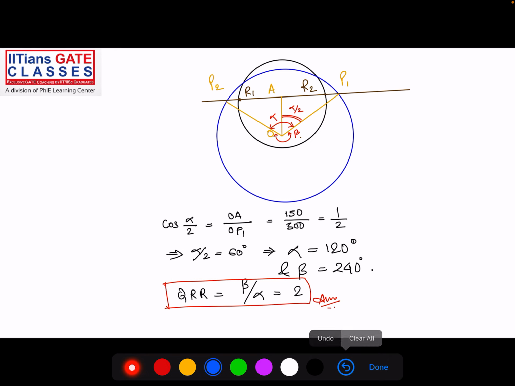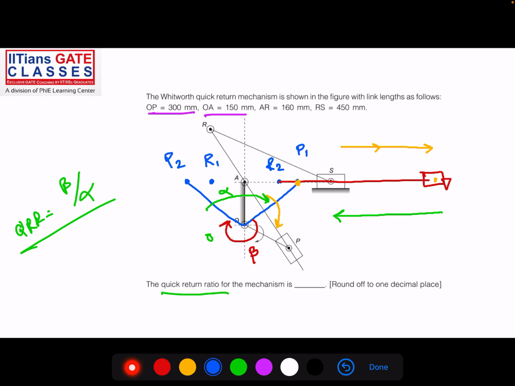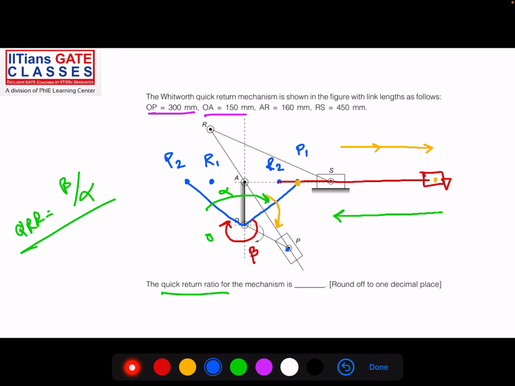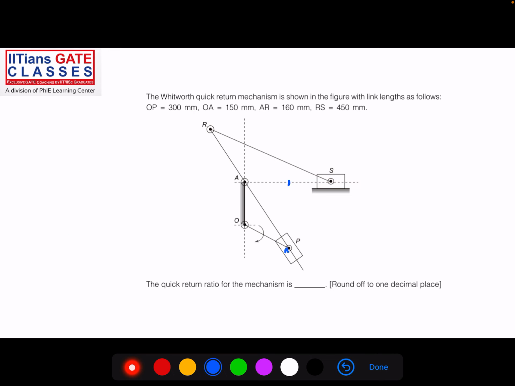Even if you didn't have a proper understanding of the quick return motion, you could still have made it out. The only thing you have to do is imagine what the extreme positions will be. When the point P is somewhere here, the point R will be somewhere here, and this will be the left extreme.